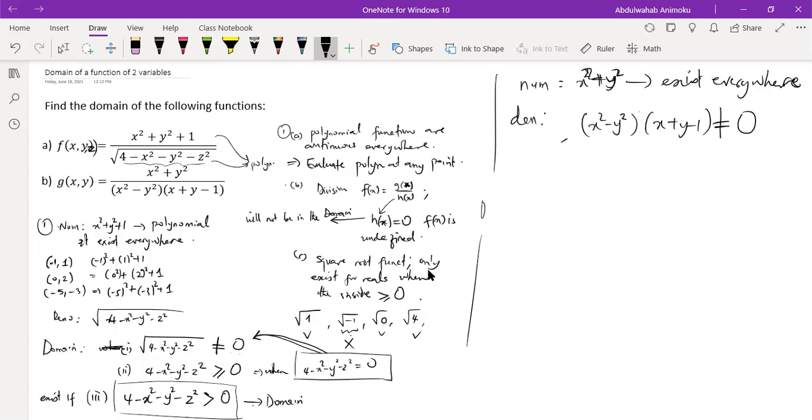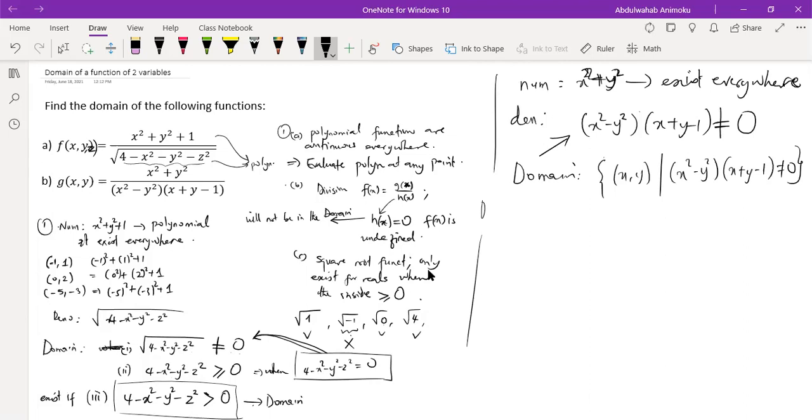But for this, the restriction is this: the points in the domain must include all x, y such that x squared minus y squared multiplied by this is not equal to 0. This is basically what the domain is.